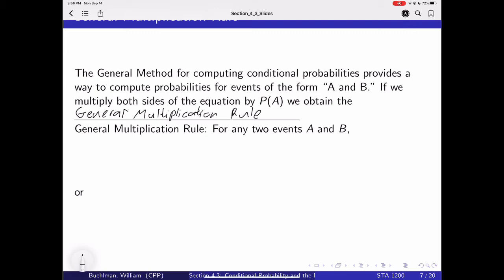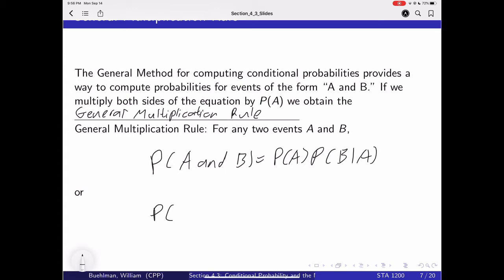So the general multiplication rule for any two events, A and B: the probability of A and B is equal to the probability of A times the probability of B given A, or the probability of A and B is equal to the probability of B times the probability of A given B. So you can use either one of these. It just depends on what information you're given, and you'll pick the appropriate rule based on that.